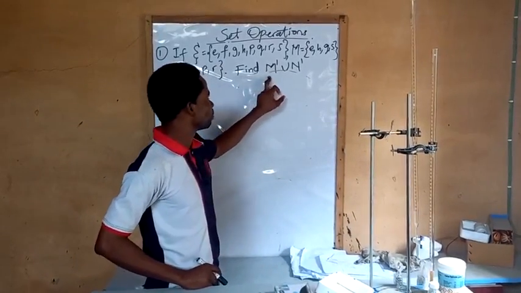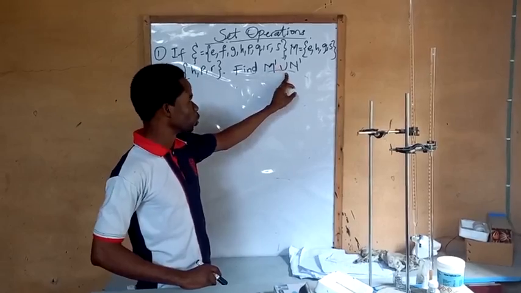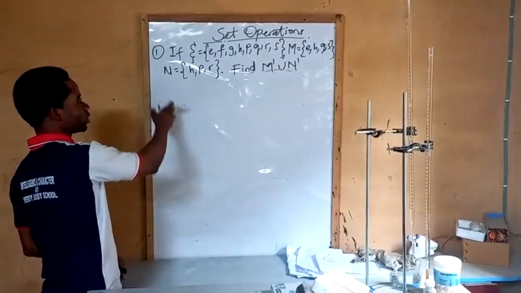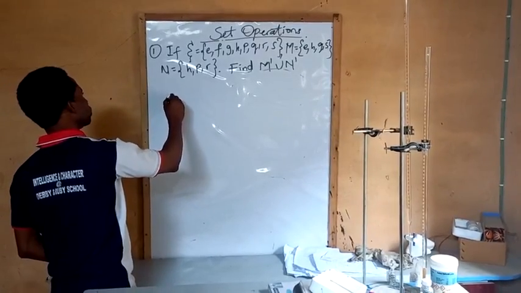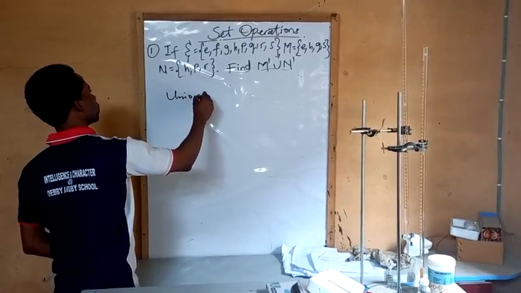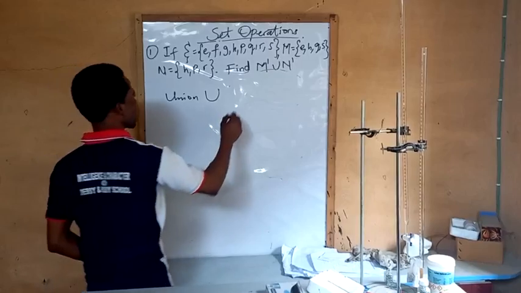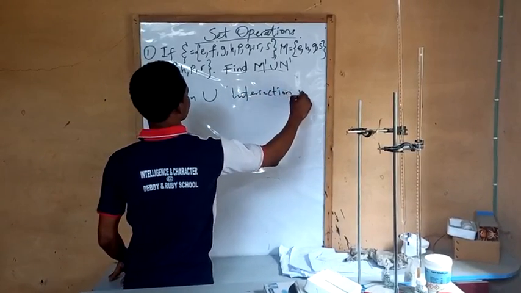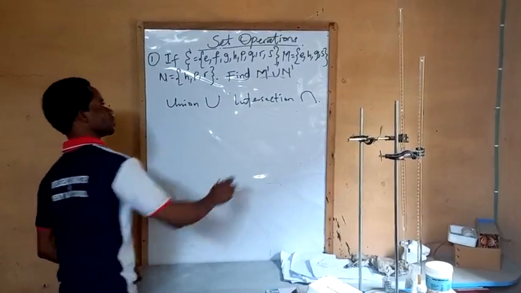Now look at this. It says find M prime union N prime. The union, like the one from the set operations, the symbol for union is this, while intersection is this.